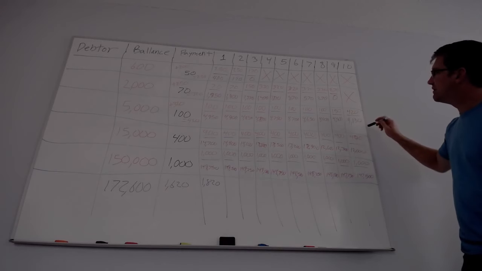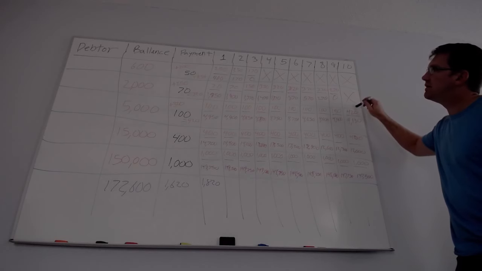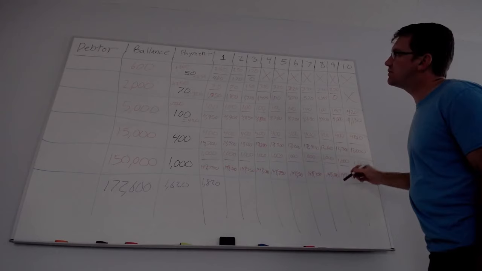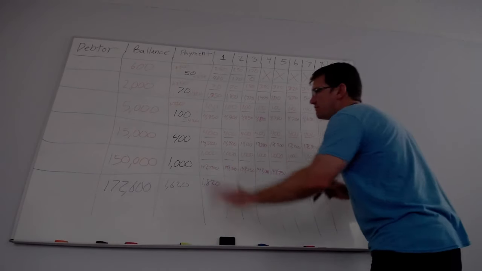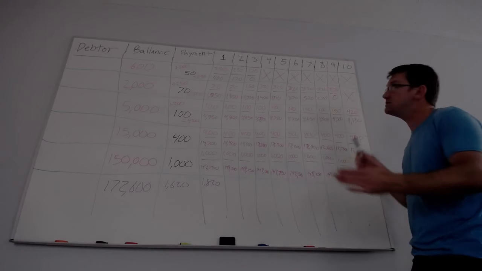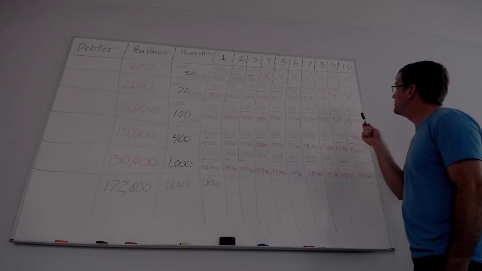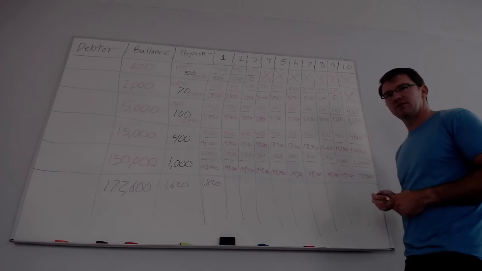So by month 10, you've actually almost paid, I mean, these are just rough numbers, I'd say $9,000 to $10,000 you paid off in 10 months. Yeah, 10 months. Paid off $9,000.